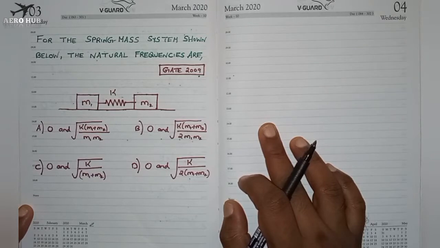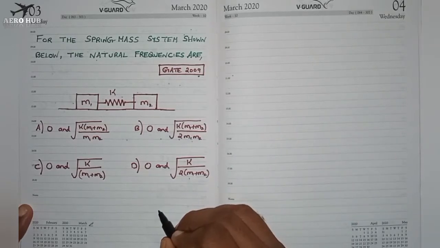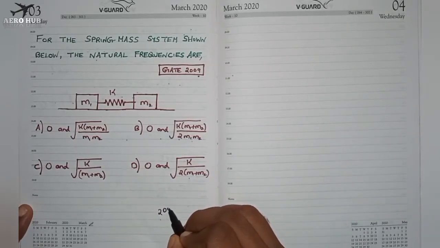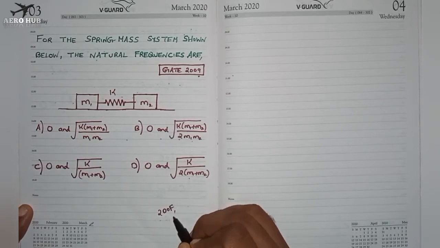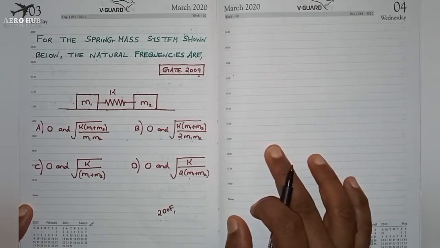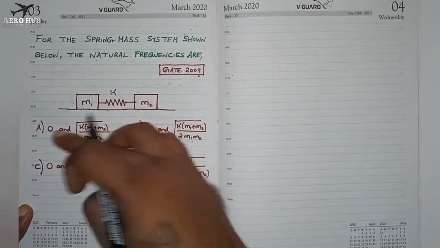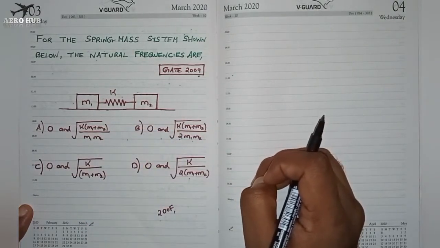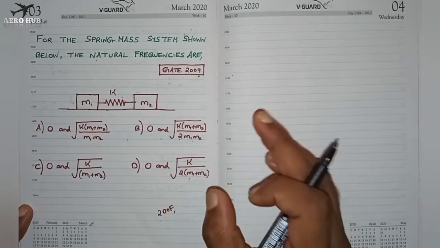Okay, these are the options, and you can see we have two masses here, m1 and m2, and this is a two degrees of freedom system. If you check out the options, every option has a natural frequency of 0. One natural frequency is 0 and we have a specific natural frequency of some value.